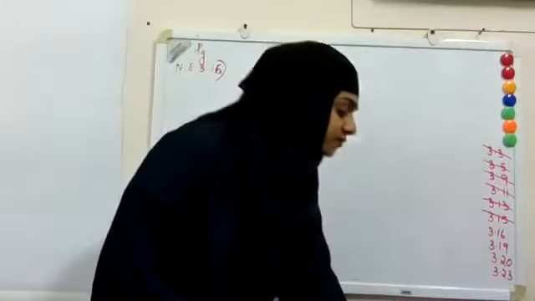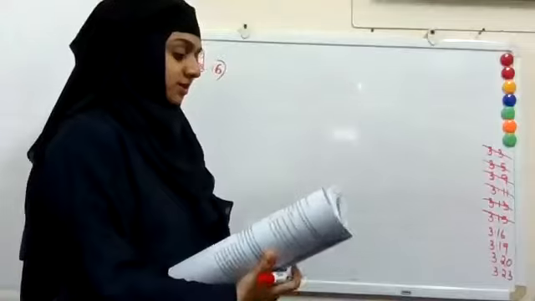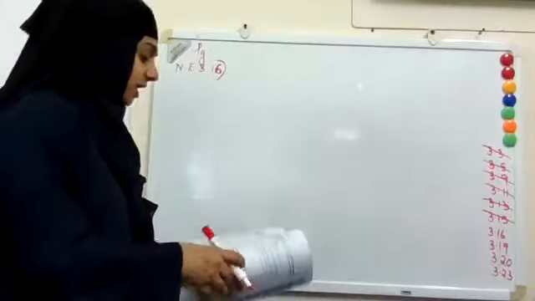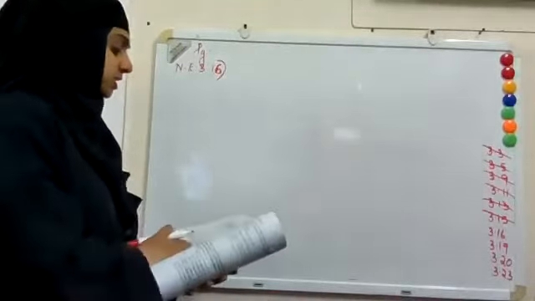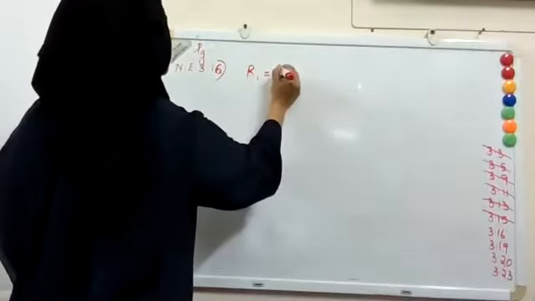The resistances of two resistors of the same material are equal. So same material and two resistors, their resistances are equal. So let me put it as R1 is equal to R2.